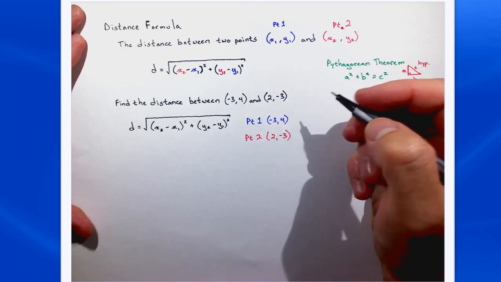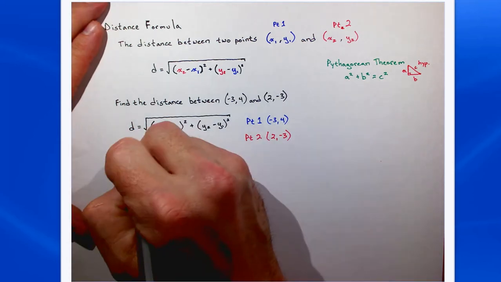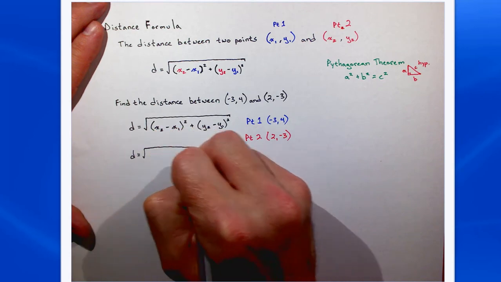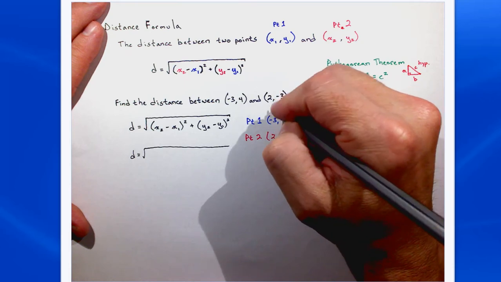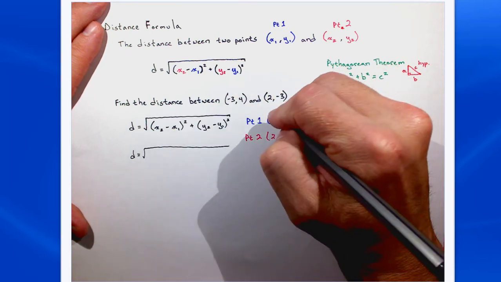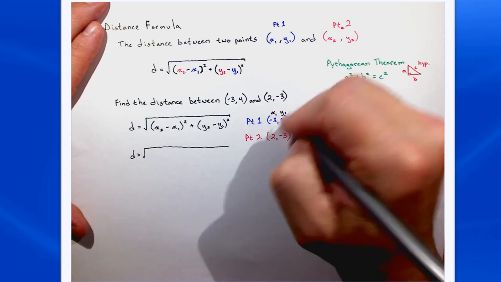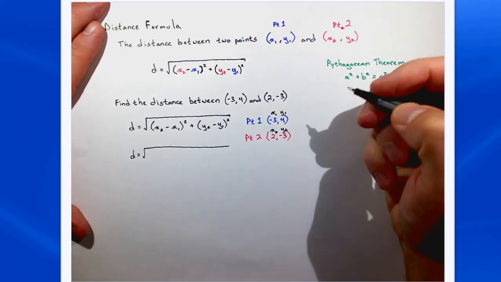It doesn't matter, it's arbitrary which one you select to be point 1 and point 2. One thing that helps me, because I can get my numbers jumbled up, is to make sure I write out what those are. Since this is point 1, this is x sub 1, and that's y sub 1, and this is x sub 2, and this is y sub 2.